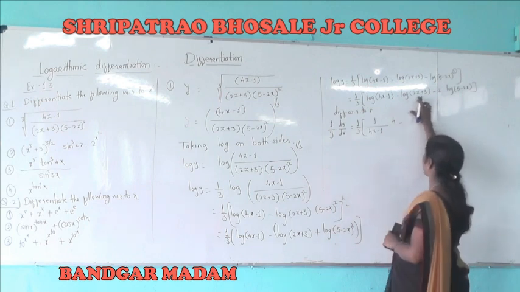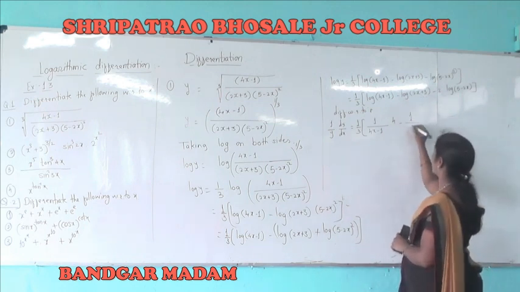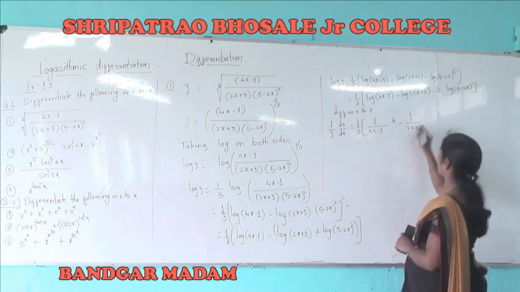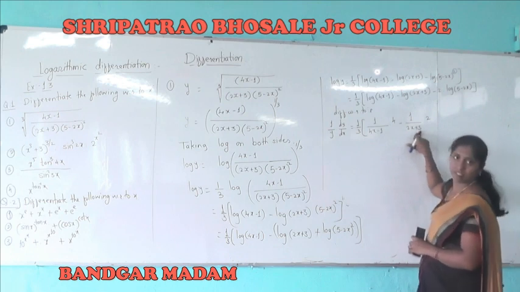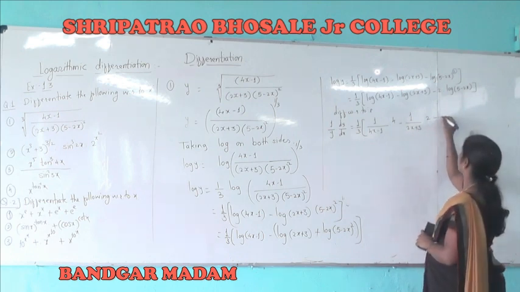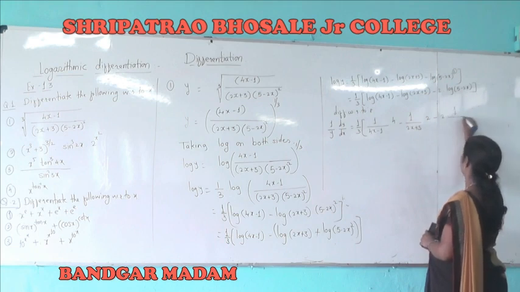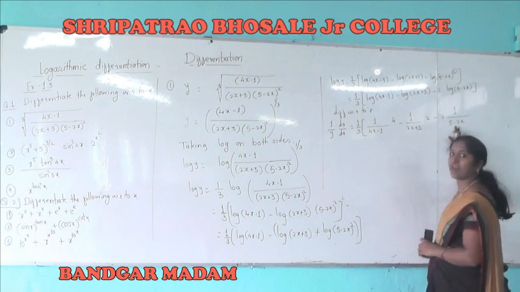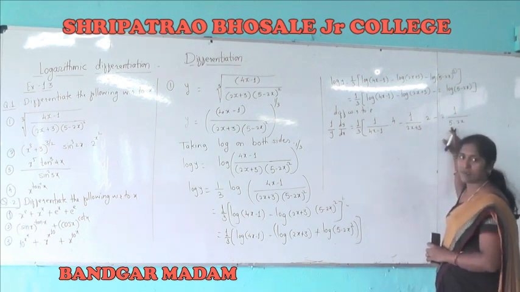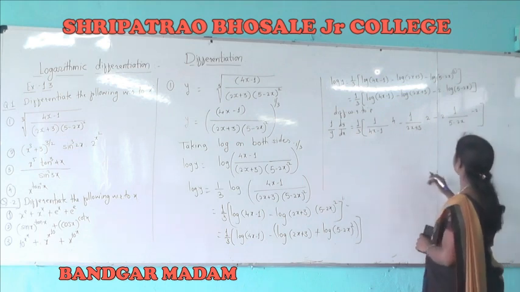Minus log of 2x plus 3, derivative is 1 upon 2x plus 3 into the derivative of 2x plus 3, derivative of 2x is 2, derivative of 3 is 0. Minus 2 into the derivative of log of 5 minus 2x, it is 1 upon 5 minus 2x into the derivative of 5 minus 2x, derivative of 5 is 0 and derivative of minus 2x is minus 2.